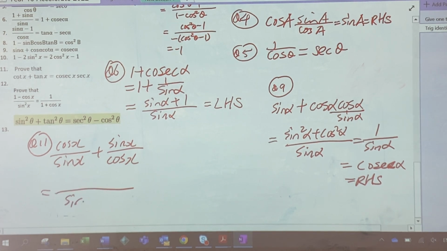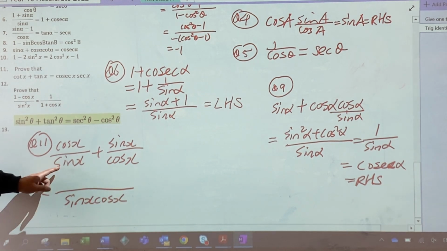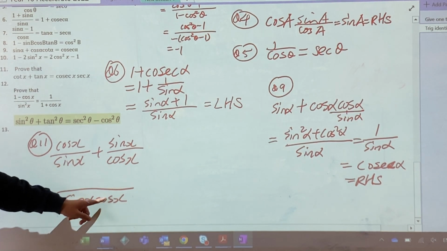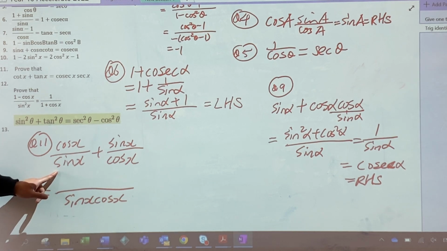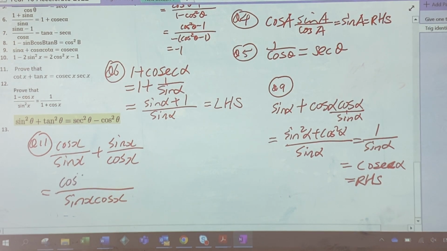So sine x cos x. For this fraction, I've times by cos x. On the top, I must also times by cos x. Cos x times cos x, cos square x. For exactly the same reason, that's sine square x. Therefore, on the top becomes 1, over sine x cos x.